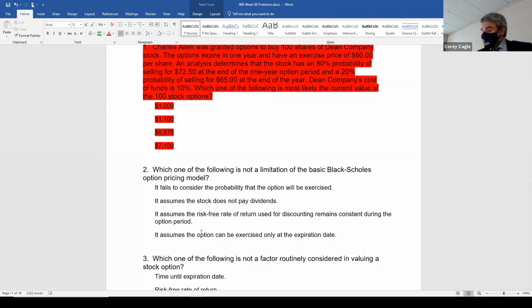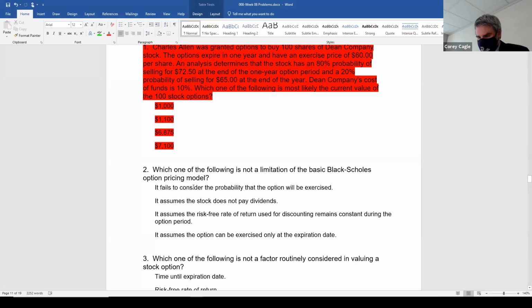Which of the following is not a limitation of the Black-Scholes model? So we saw those limitations, but these are easy. It's like look in there, look for the obvious thing. A says it fails to consider the probability that the option will be exercised. It doesn't fail to do that.